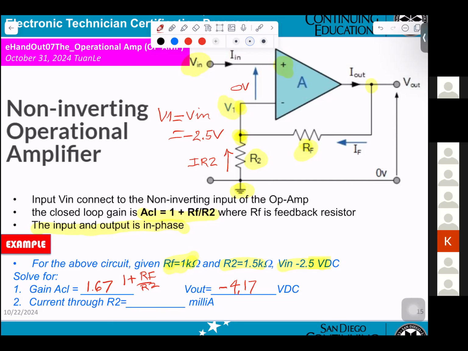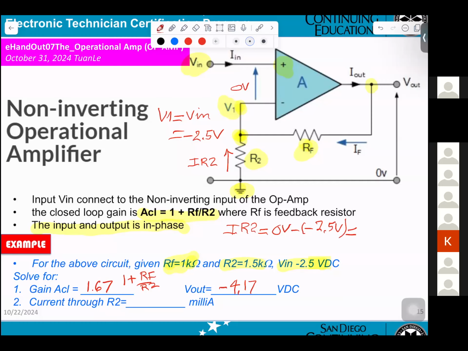R2 is about 1.5K, that's correct. However, if you want to do it this way, IR2 equals the difference between 0 volts, ground, and V1, which is minus 2.5.